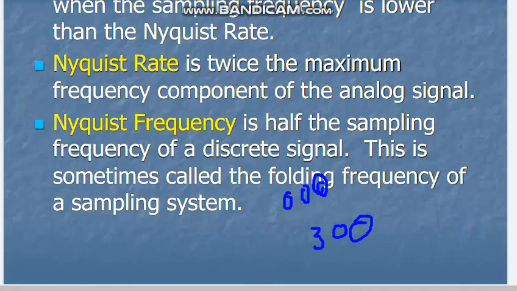Then we can clearly reconstruct the signal in the receiver section at 600 Hz or more. But what is the folding frequency? The folding frequency is just half of the frequency, so we get 300 Hz. That is half of the sampling frequency of a discrete signal.